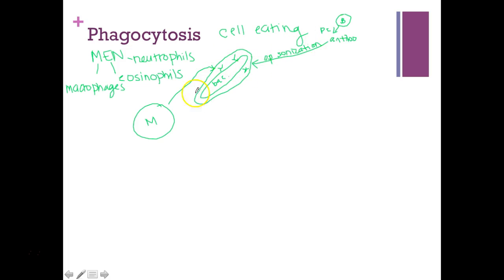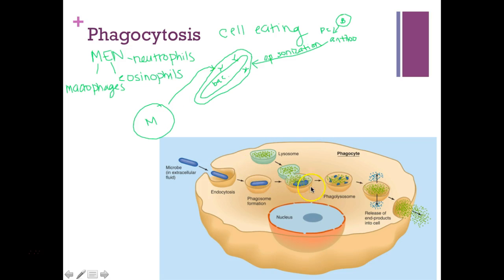So it coats this, and then the macrophage is like, oh, okay, the antibodies are signaling to me that this is a pathogen and I need to come and phagocytize this guy. So it does that. Great. That is phagocytosis. We're going to talk about the steps in class. These are the steps, but like I said, we'll review it in class.